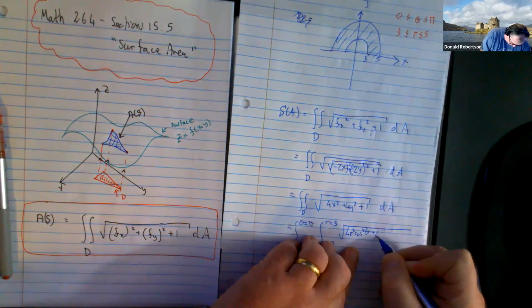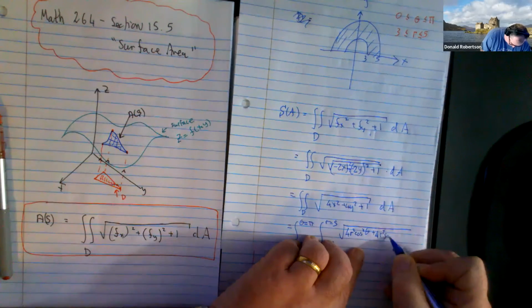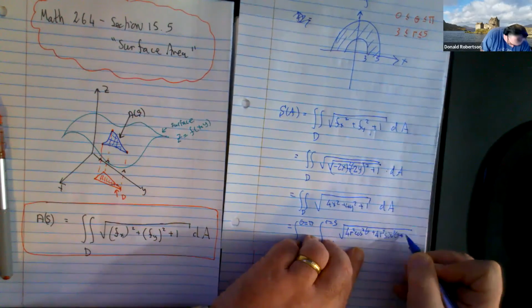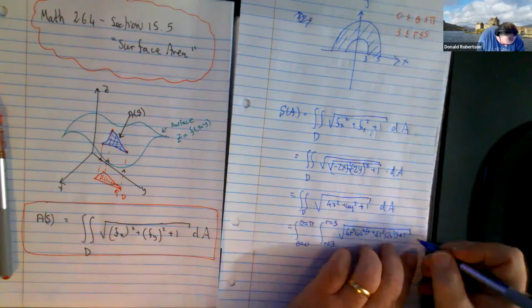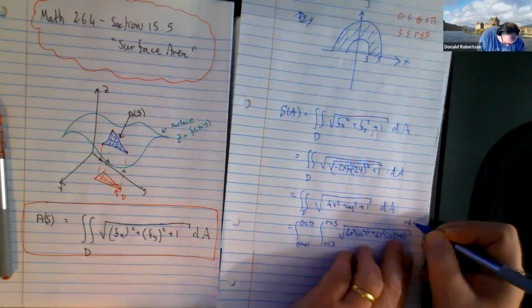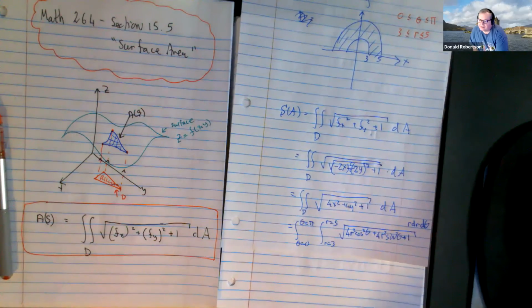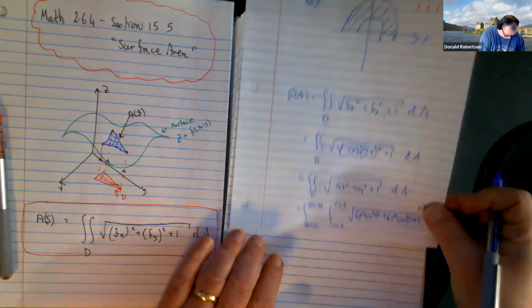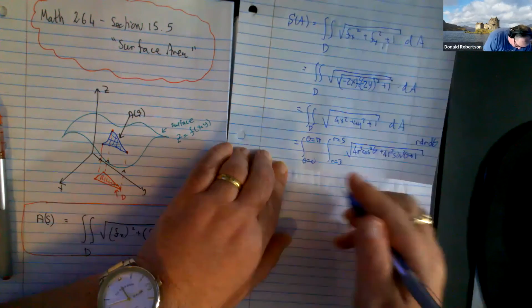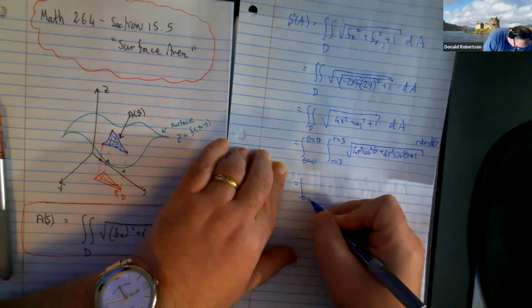And the other, you get 4r squared sine squared theta plus 1. And won't the dA just turn into r dr d theta? Still with me? Now, you've hopefully seen enough of these to know that they actually simplify relatively well.